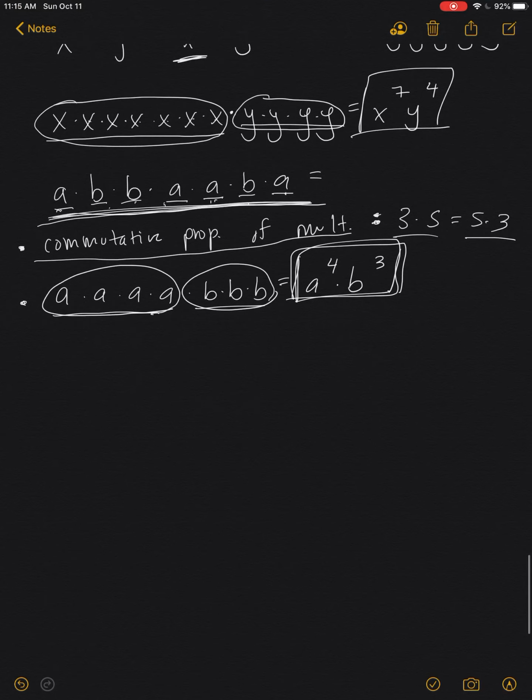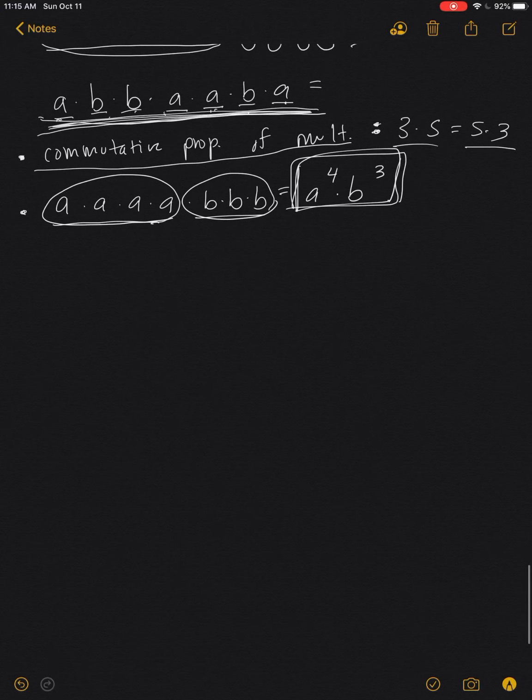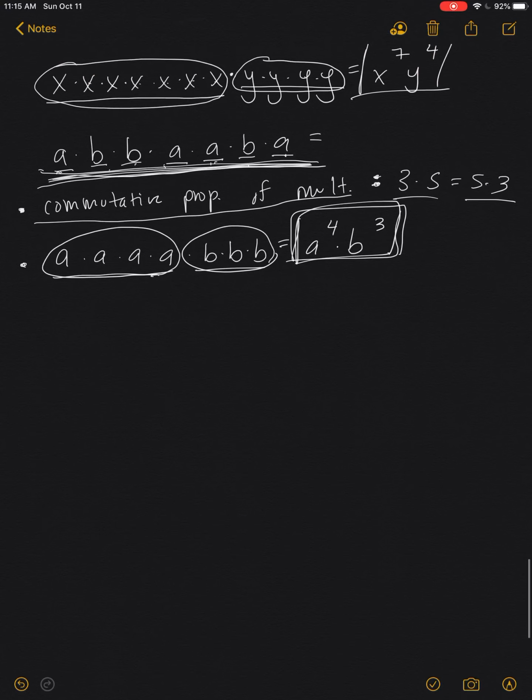And when I do math examples, I do every single step just so you know how we got from point A to point B. Okay, so that's the commutative property. With exponents, it's multiplication, so you can do it in any order, and we did that to simplify it to this nice example.